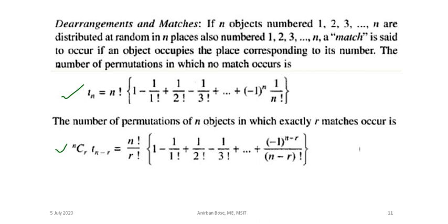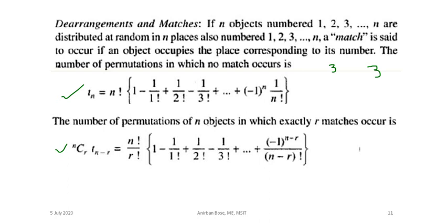This kind of problem may come: suppose 3 letters are there, and correspondingly 3 envelopes. How many ways can you put those letters randomly into the envelopes so that there will be no match, so all of them go in a wrong place?